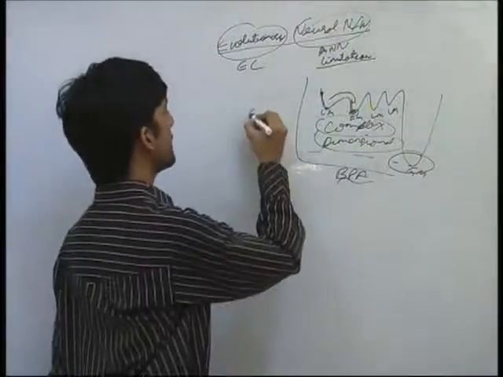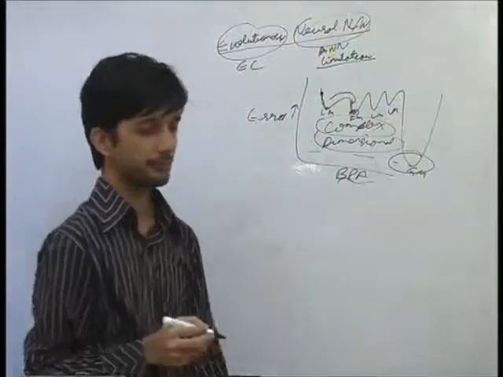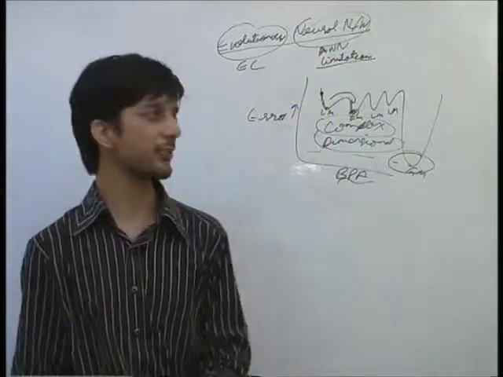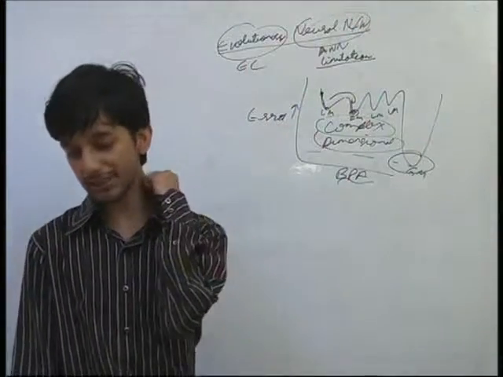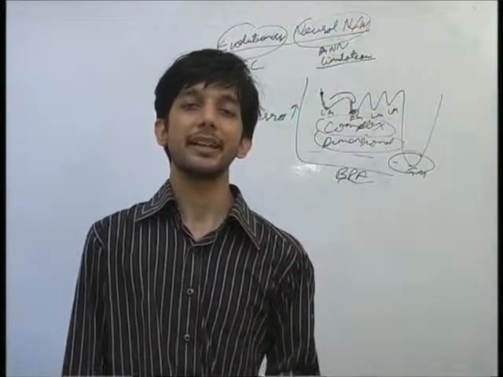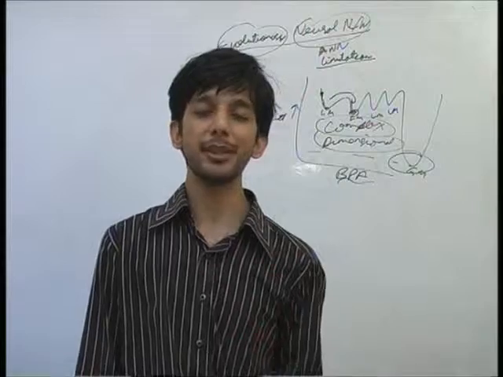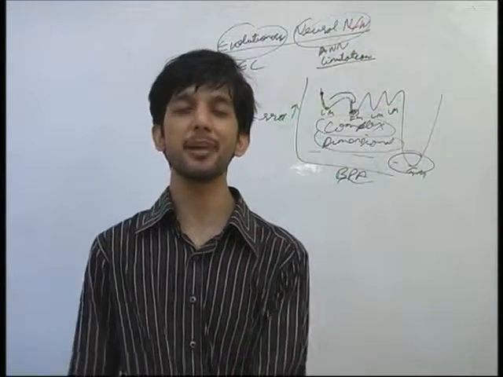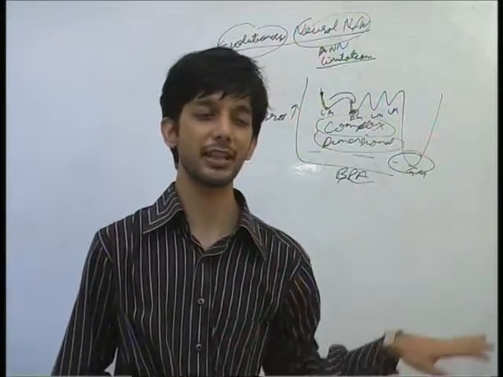I use the term minima because I have plotted in an error space, not a performance space. So it is most likely to get stuck at some kind of local minima, and that is a limitation that we need to solve. Momentum alone is insufficient; it might not be able to solve this kind of problem.